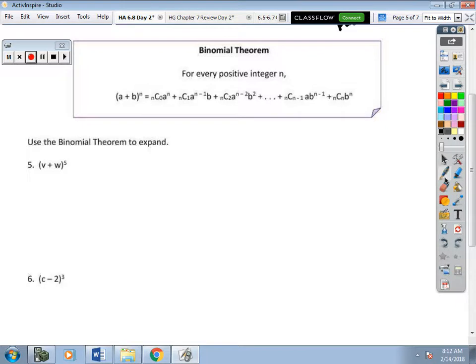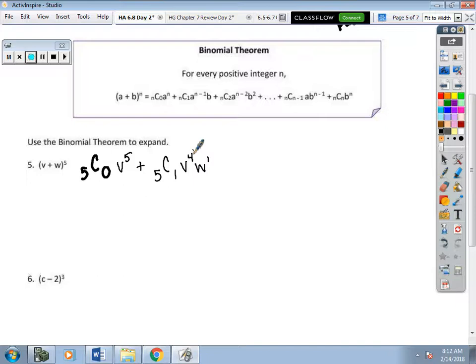So for this one, it's a 5th power. Again, if you were using Pascal's triangle, you would just write down the numbers that you know to be the coefficients. Using the binomial theorem, you would actually choose 5 combination 0, and then this would start out with v to the 5th, plus 5 combination 1, v to the 4th, w to the 1st. So again, the v variables are going to decrease in exponent value.